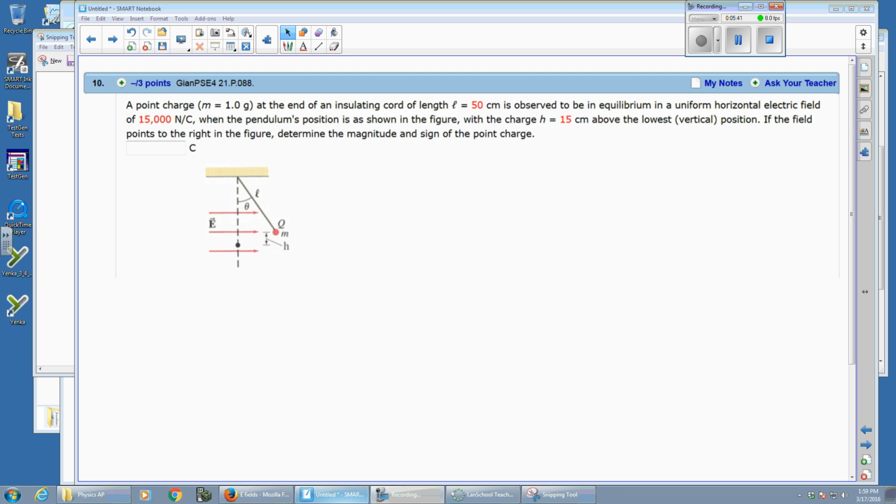So if I do a little free body diagram of my charge, there would be a tension up this way, the weight down this way, which means there must be a force from the electric field that way to balance out those other two forces.